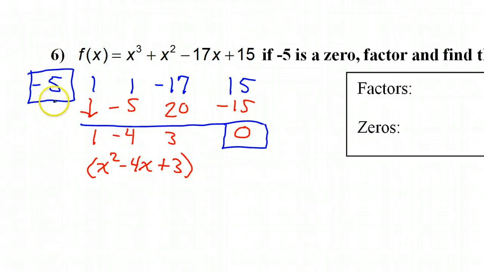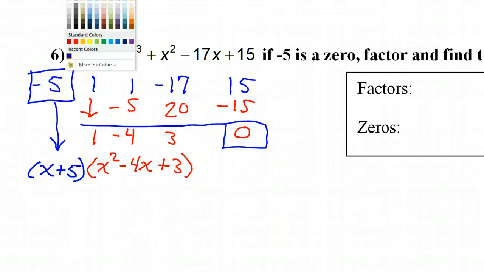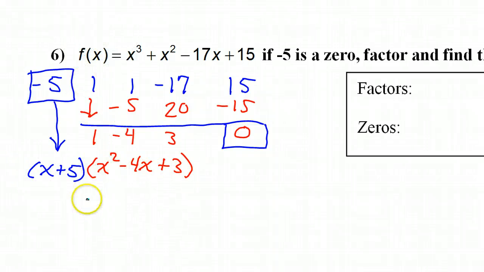This 0 of negative 5 gives me a factor of x plus 5. So I have factored it so far, but I have not factored it completely, because I will go ahead and factor this trinomial further. X squared will be x times x. 3 will have to be 1 times 3.